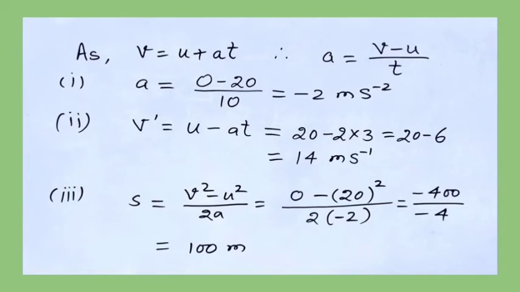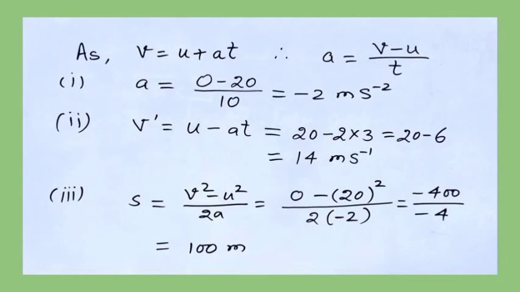Using the first equation of motion, v is equal to u plus at, a is equal to (v minus u) by t. Substituting the values of u, v and t, a comes out equal to minus 2 meter per second square, which is the retardation. The velocity of the car after 3 seconds is, suppose, v dash, which is equal to u minus at.